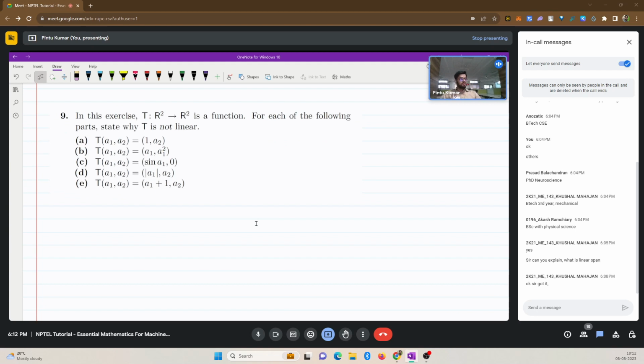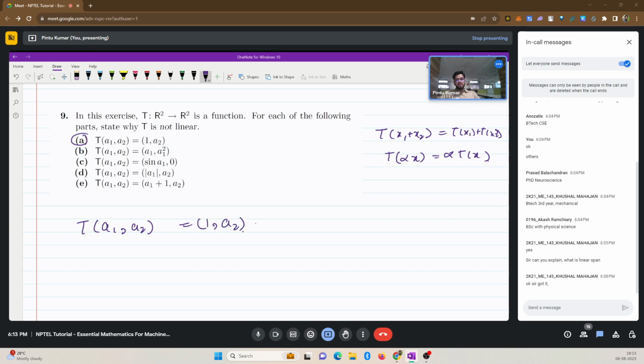For every question, you just need to verify these two properties, and you can also use your trick that T of 0 is equal to 0 at some places to obtain your answer. So let's look at the first example.